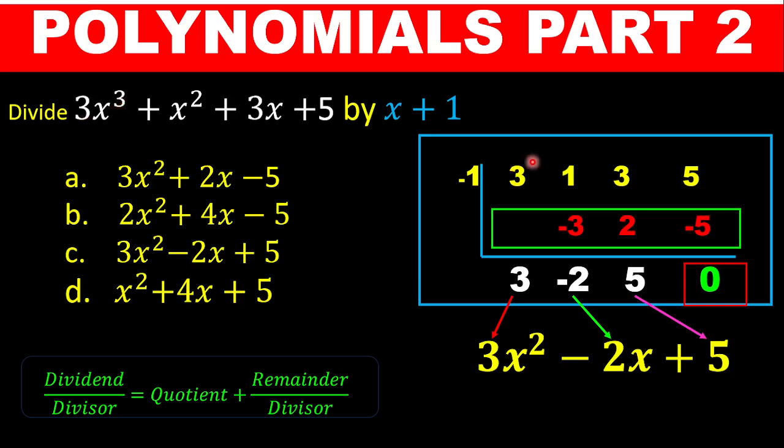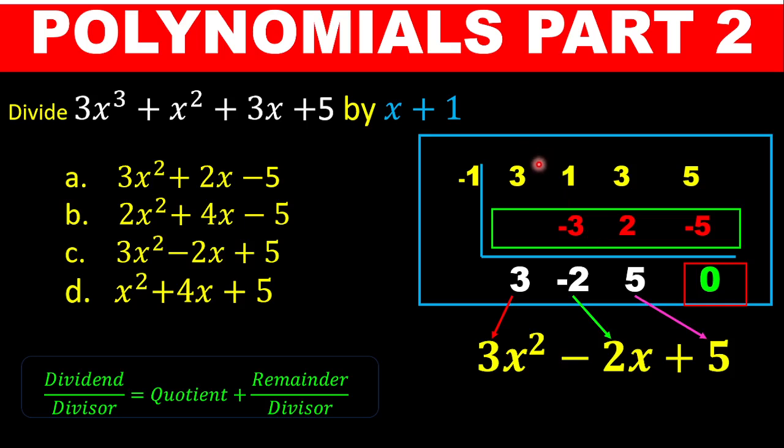So this 3 is what we have here. And then the coefficient of x squared is 1. So we have that 1 here. And then the coefficient of x is 3. We have the 3 here. And then this plus 5 we have here. So that is +5.